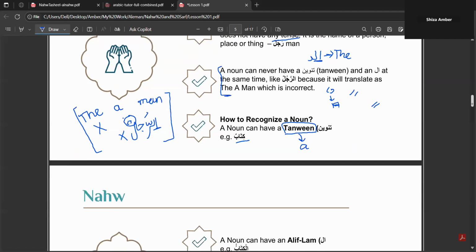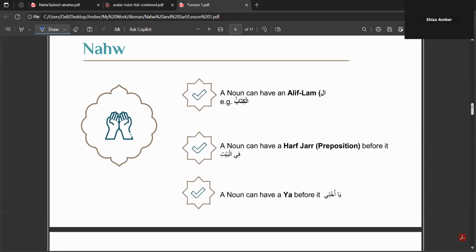All right, perfect. Then a noun can have an alif lam. By this I mean that it can have al because al will translate into the. It can have a tanween and it can have an alif lam, but they cannot be associated together. So if I use al kitabu, you can see I did not attach tanween, I just attached one dhamma.